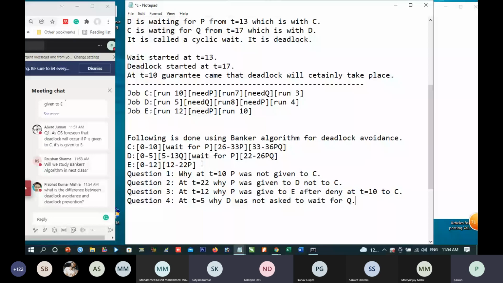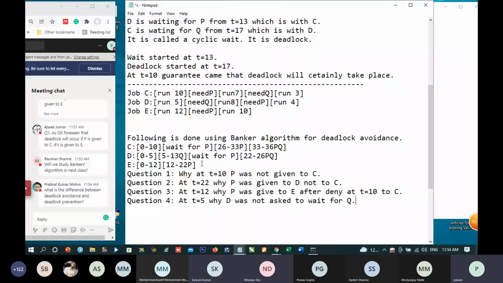Deadlock avoidance is a very hypothetical thing, assuming that the future is known. But deadlock prevention works without knowing the future; how we don't allocate the resource even when it is free is handled in deadlock prevention.